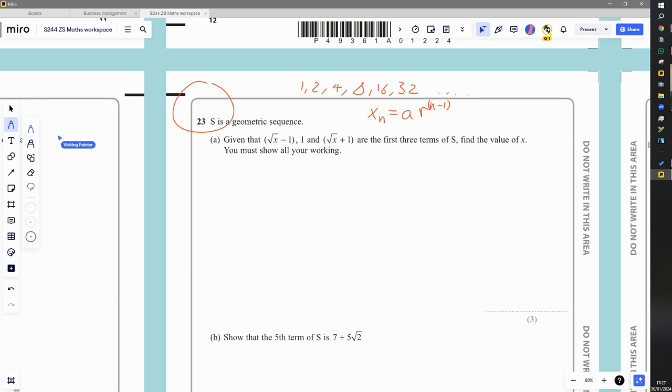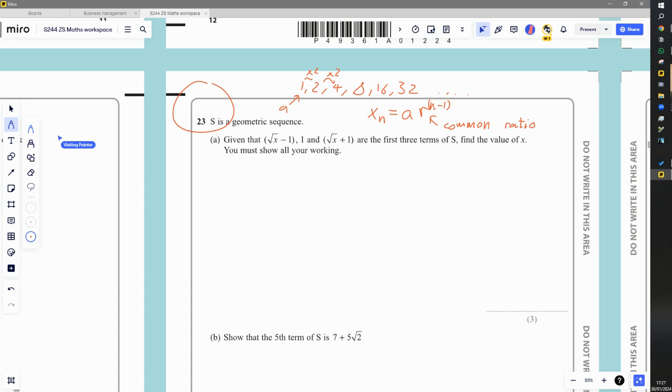So what's a? a is the first term. r we call the common ratio, and that's the amount it multiplies by. So in my example, the common ratio is 2 because I'm timesing it by 2 each time. And then n minus 1, the n is referring to whichever term it is.